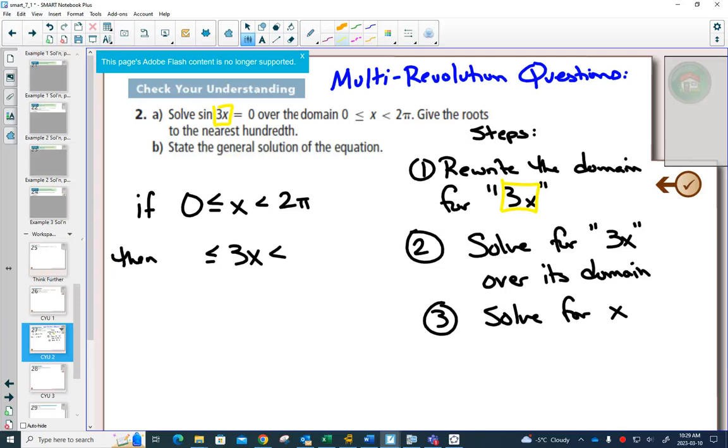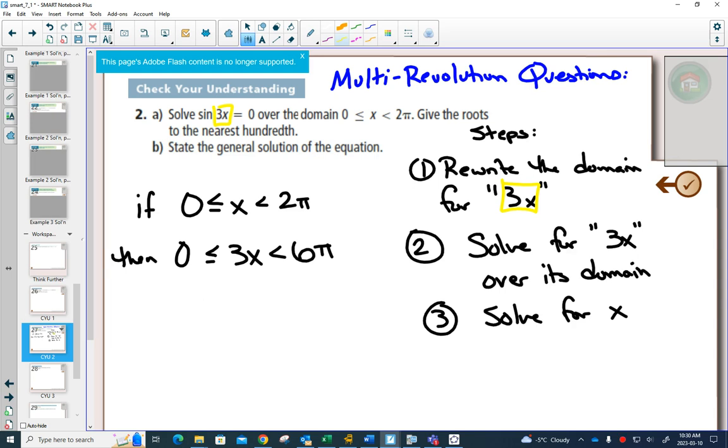You started picking a number between 0 and 10. I got you to multiply it by 3, and now your number is somewhere between 0 and 30. The same thing is going to happen here. If the x number is somewhere between 0 and 2 pi, and we multiplied it by 3, can you see that 3x would be somewhere between 0 and 6 pi? Does that make sense?